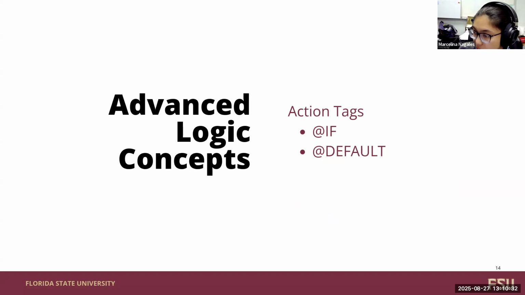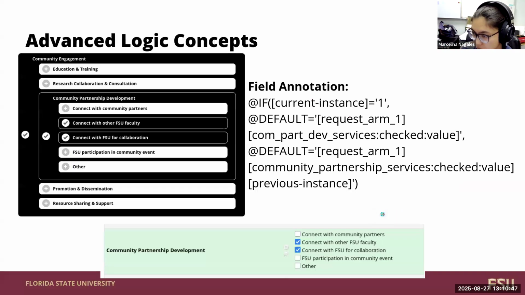So the advanced logic concepts: I know that action tags, if and default may be your basic logic concepts, but I feel like combining them into this took a little bit of figuring out the branching logic and how that would work.